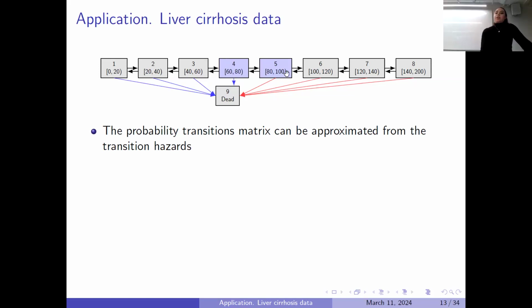We mentioned that the normal range was between 70% and 100. So we would expect a different hazard of transitioning from a normal range of this biomarker than from a lower or upper bound. Why? Because if it's lower, that indicates some hepatic failure, or if it's very high, same story. So we would expect this hazard to be higher.